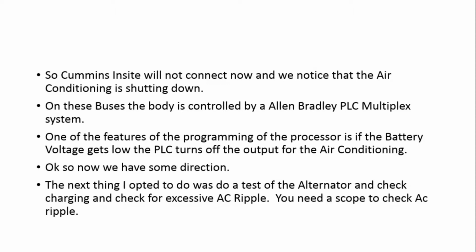So on these buses, the body is controlled by Allen Bradley PLC multiplex computers. One of the features of the programming of the processor is if the battery voltage gets low, the PLC turns off the output for the air conditioning.